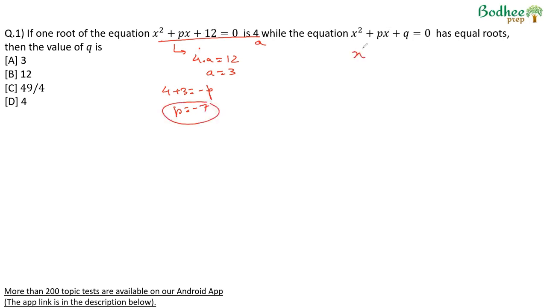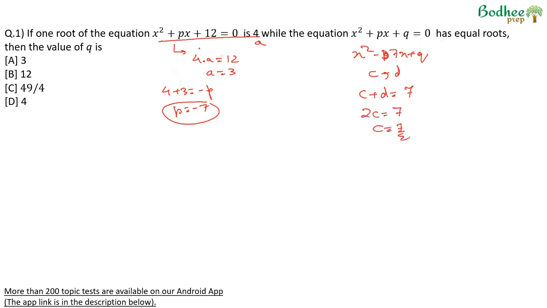So here we have x square minus 7x plus q. If the roots of the second equation are c and d, we can say that the sum of roots is c plus d, which is 7. Since the roots are equal, therefore c and d will be equal. So we can say 2c is equal to 7 or c is equal to 7 by 2.